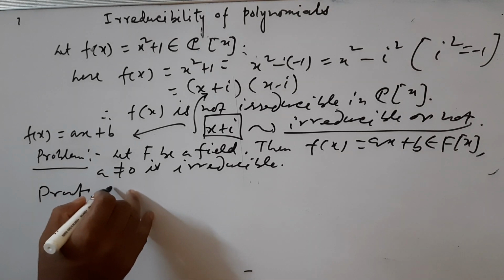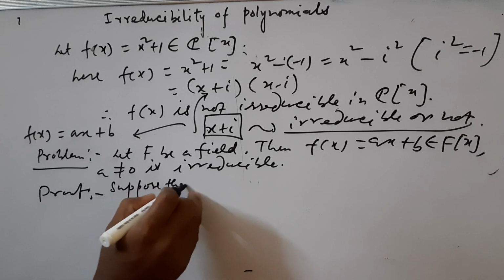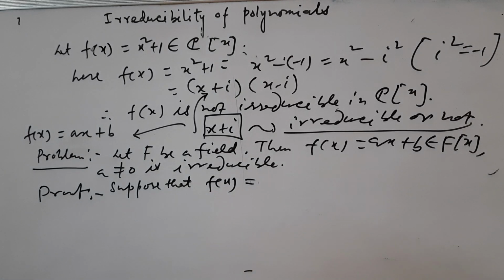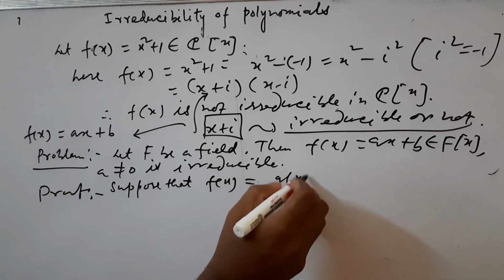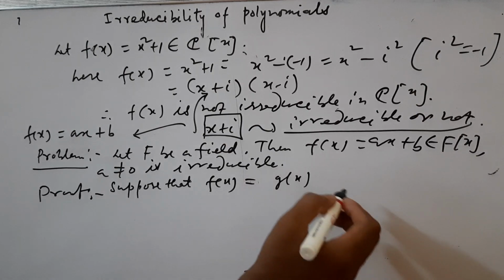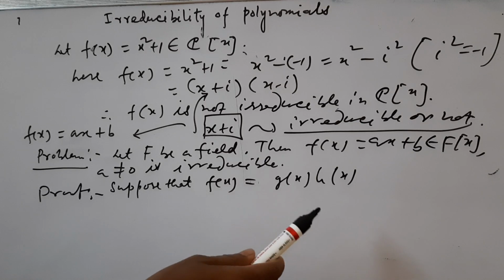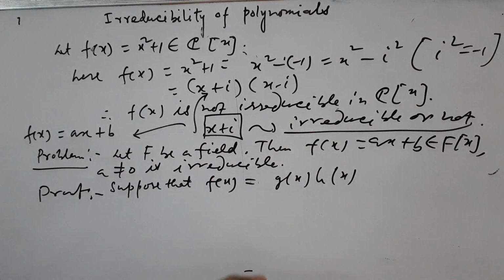Suppose that f(x) is the product of two polynomials g(x) and h(x), where g(x) and h(x) are in F[x].